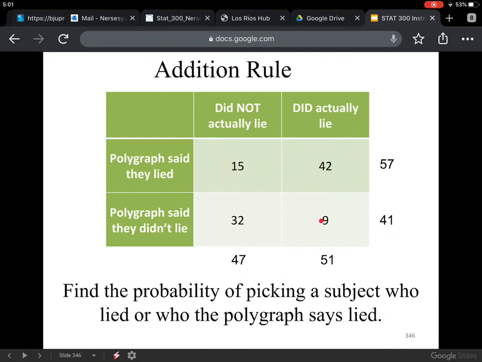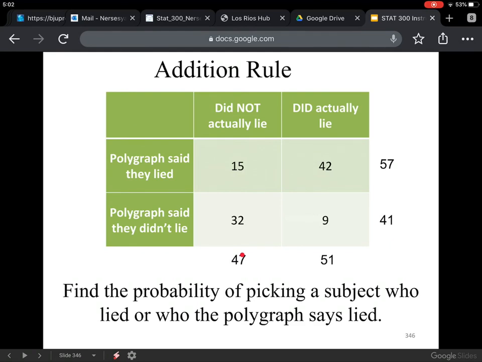So if polygraph said that they lied, notice that there are more that the polygraph caught that did actually lie. And the polygraph said that they didn't lie and they actually did not lie. There's 32. And then when the polygraph said that they didn't lie and they actually lied, right, they weren't caught, there's 9 total. And then the numbers outside of the tables, columns, and rows are the grand totals.